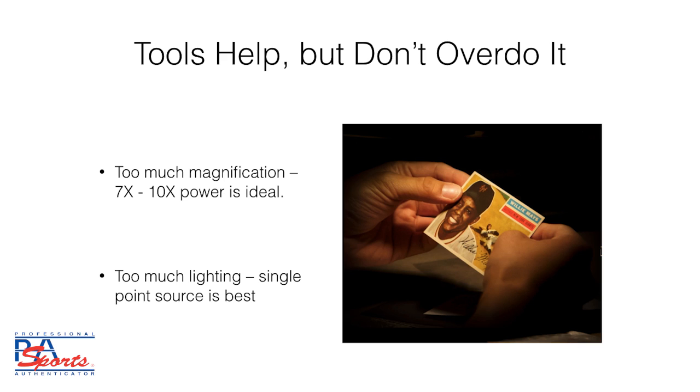The key here is to not overdo it. If you use too strong of a magnifier, if you use too bright of a light, it can actually blind you to the defects on the card. It'll make it very difficult to pick up the subtle defects that exist on the paper.